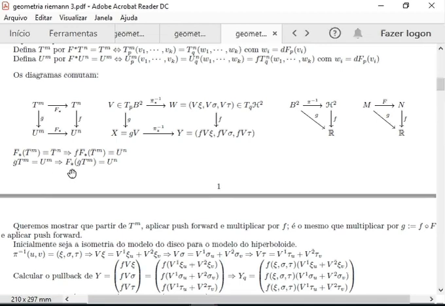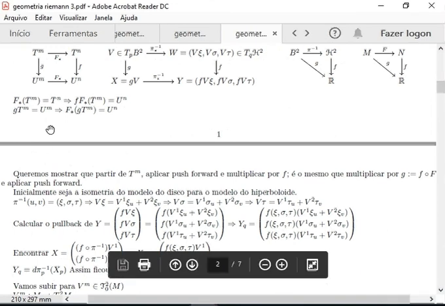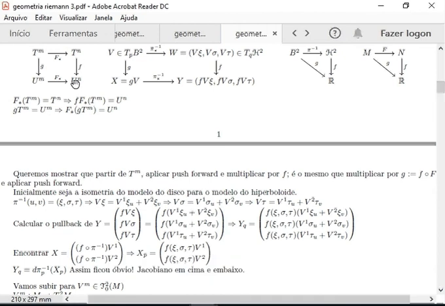Therefore, the push forward of F times G Tm is equal to Un. We want to show that we begin with Tm, apply the push forward, and multiply by F. It's the same as multiplying by F, which equals F circ big F, and applying the push forward.